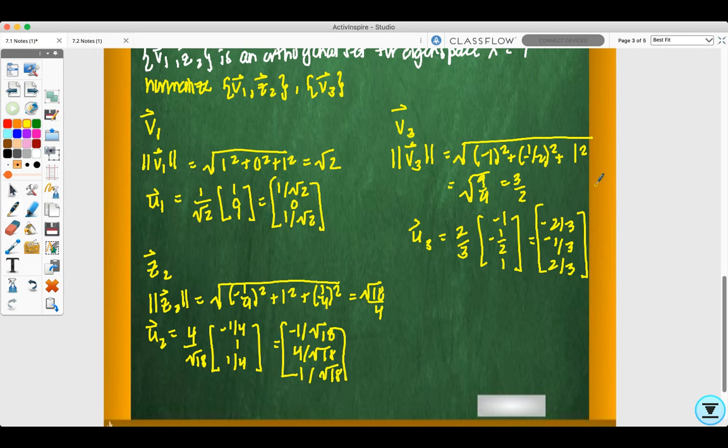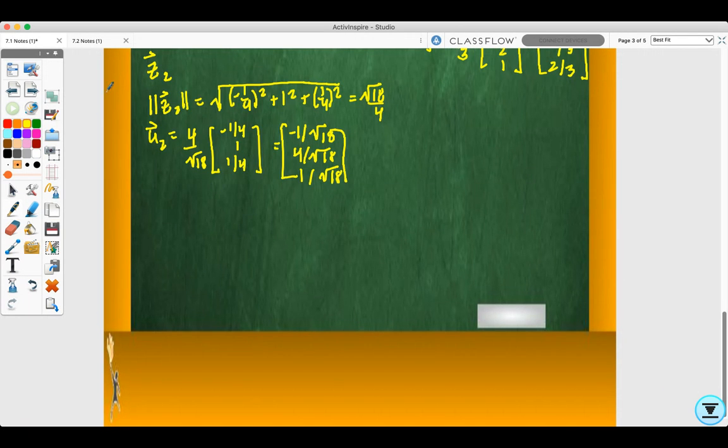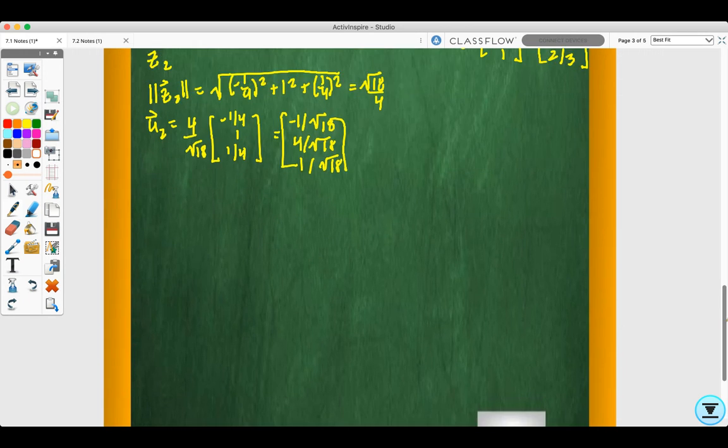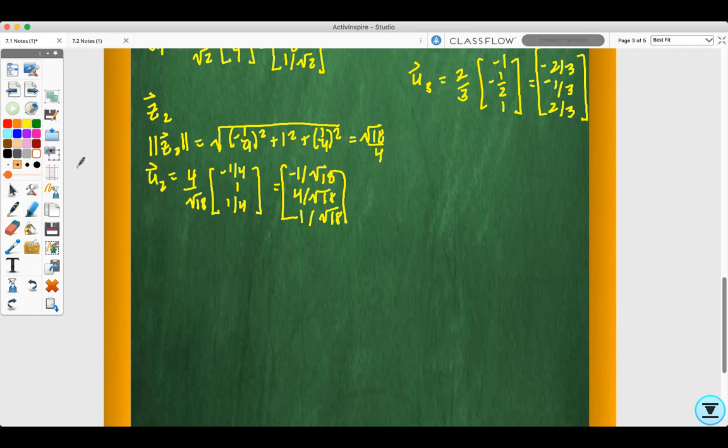So we normalized vectors V1, Z2, and V3. Next, from theorem 1, U3 is orthogonal to U1 and U2. Hence, U1, U2, and U3 is an orthogonal set. So some notes there.